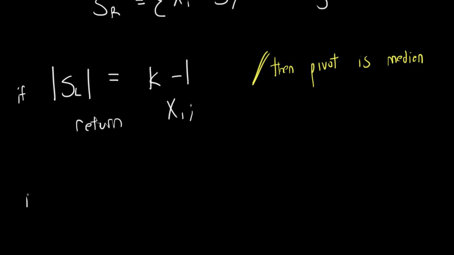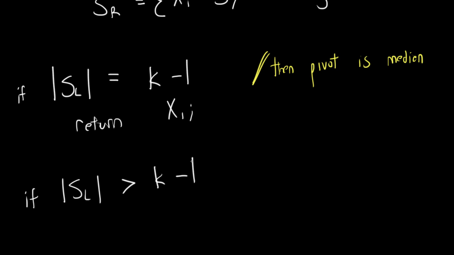Now another if statement. If it is found that the size of the left side is greater than k minus 1, that means your median is hidden inside the left-hand side.